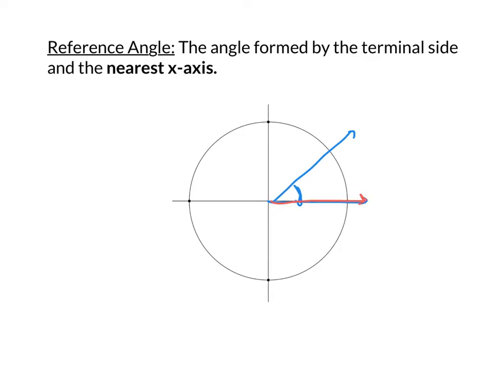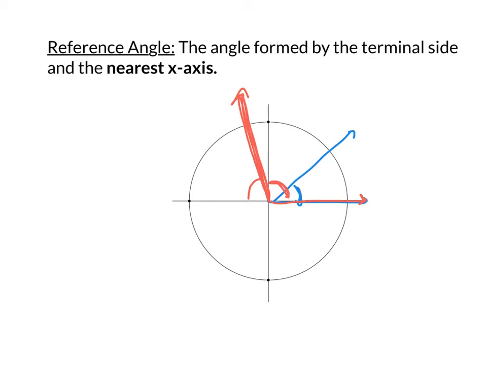For instance, let's say that we're in the second quadrant here, something like this. Here we have an angle whose terminal side is definitely more than 90 degrees. And finding sine and cosine of that can get a little tricky. What would be a lot easier is if we had another angle that we could reference that would act in the same way. And that's where the reference angle comes into play. The reference angle is the angle that it makes with the nearest x-axis.